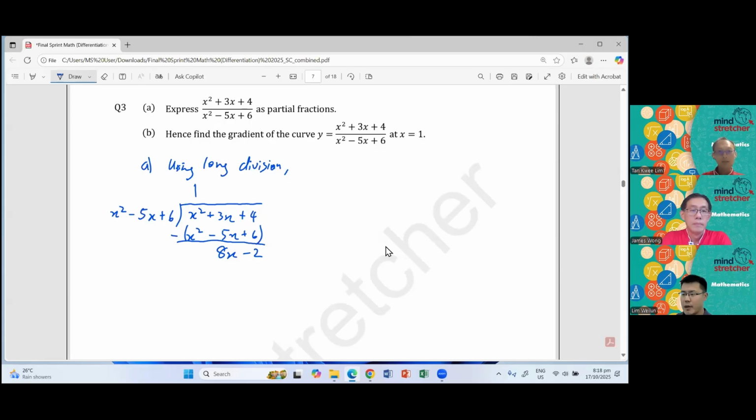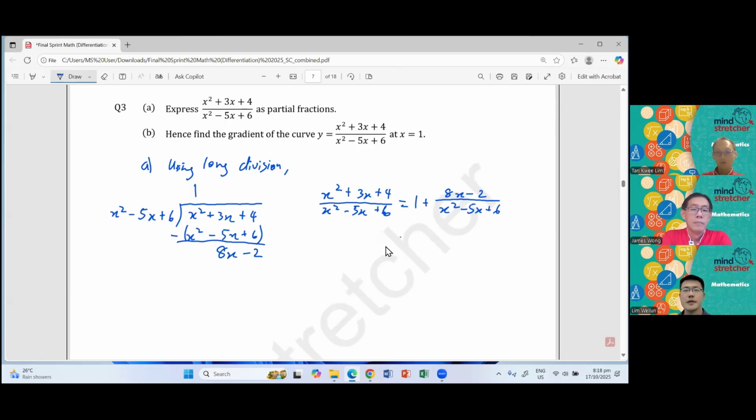So that means your x squared plus 3x plus 4 over x squared minus 5x plus 6 is equals to 1 plus 8x minus 2 over x squared minus 5x plus 6.